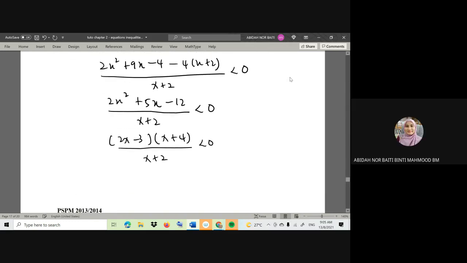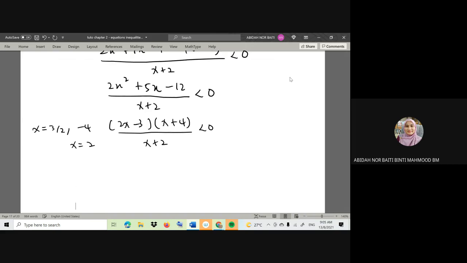Okay, then determine your x for numerator. X for numerator is 3 over 2 and negative 4. X for denominator is minus 2. So this is rational inequalities. Use table of sign. Okay, guna sahaja table of sign. So we start from negative 4. So siapa dulu ni? 2 or 3 over 2?